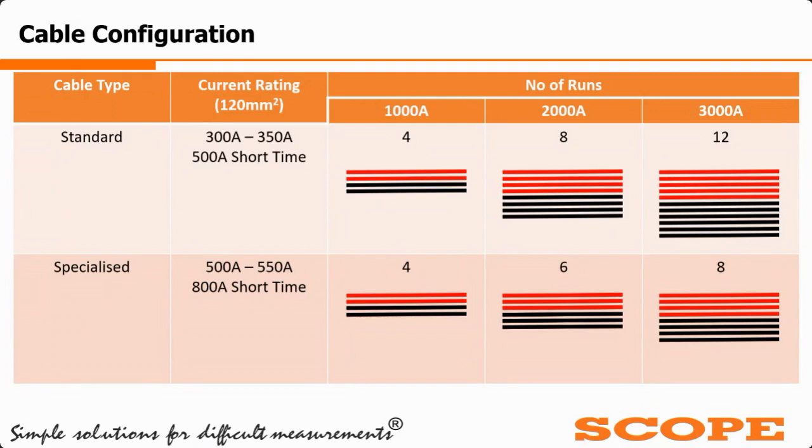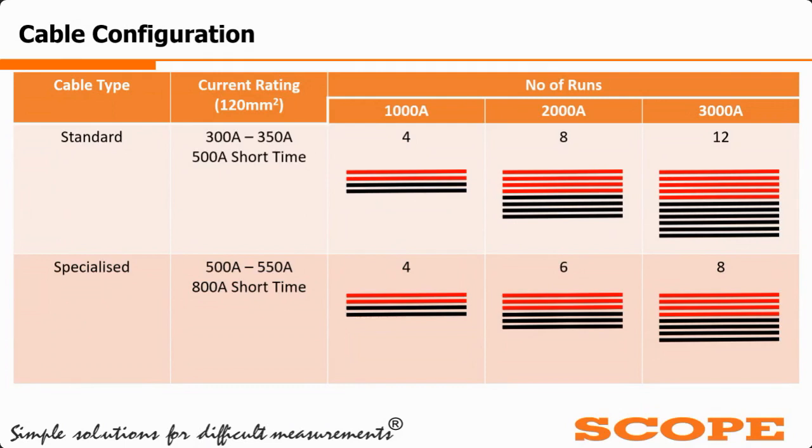Here you can see the red cables, that are 2 cables, for connection from the ground level loading unit to the P1 side, and the black cables that we need to connect from the P2 side to the loading unit. So totally we require 4 copper cables having area 120 square, and if we consider the standard cable, then we can inject up to 350 ampere continuously, and for a short time we can inject 500 ampere.